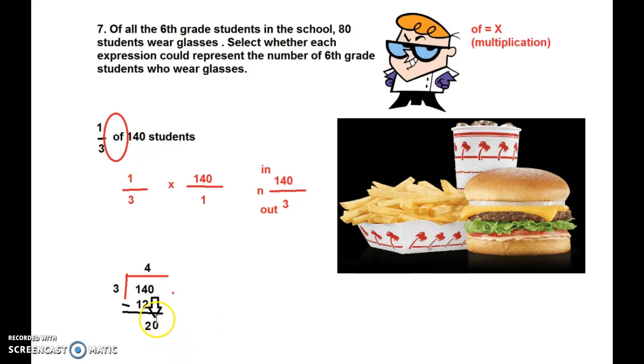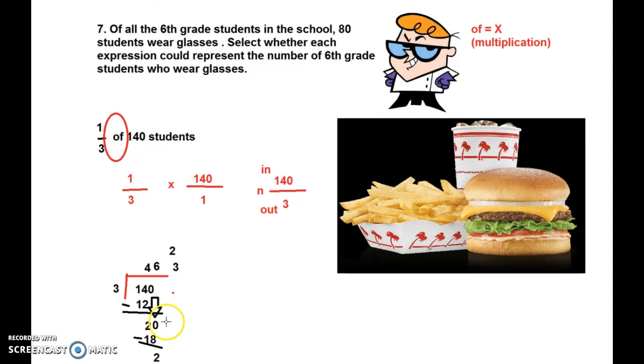Now 3 times what equals 20? Well, 3 times 7 is 21, so it's too high. So 3 times 6 is going to give us 18. And then 20 minus 18 is 2. So we have 46 and 2/3.